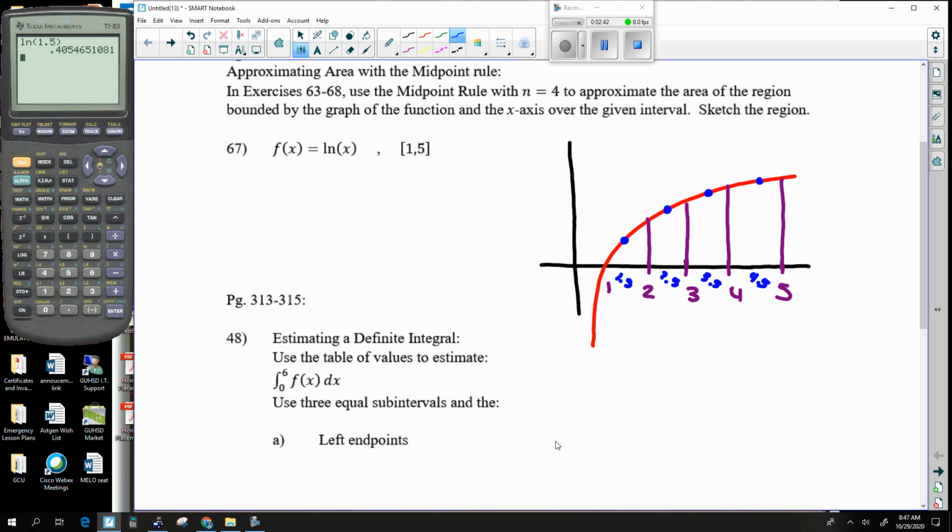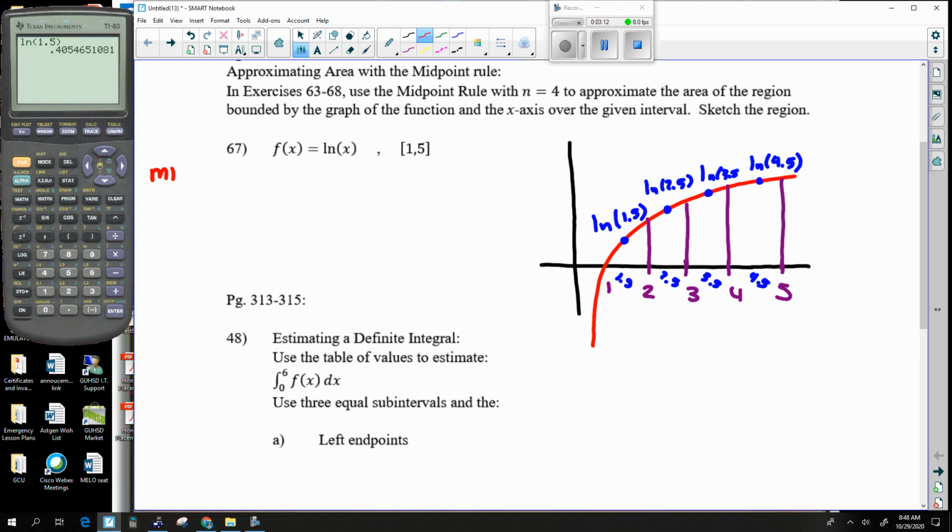So this height is in essence going to be whatever the ln of 1.5 is. This height is the ln of 2.5, and the ln of 3.5, and the ln of 4.5. So let's go ahead and set this up.